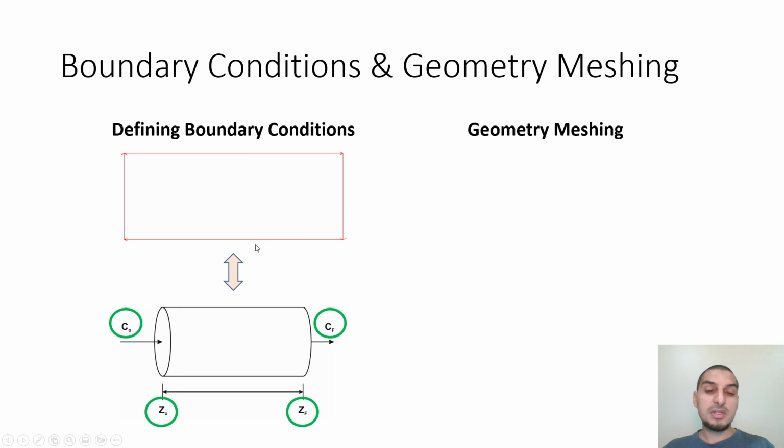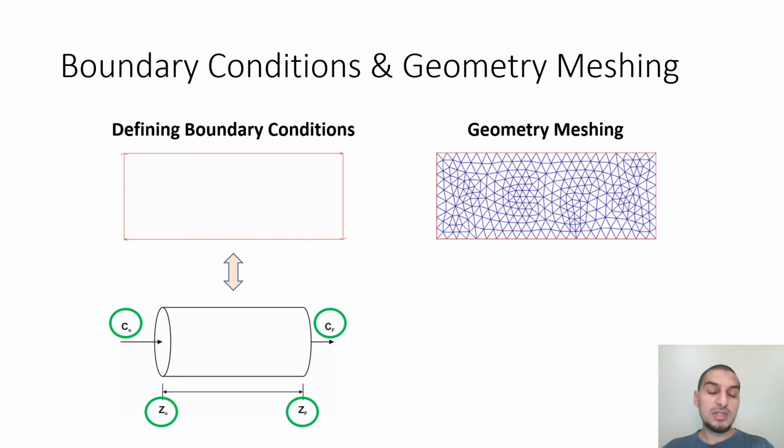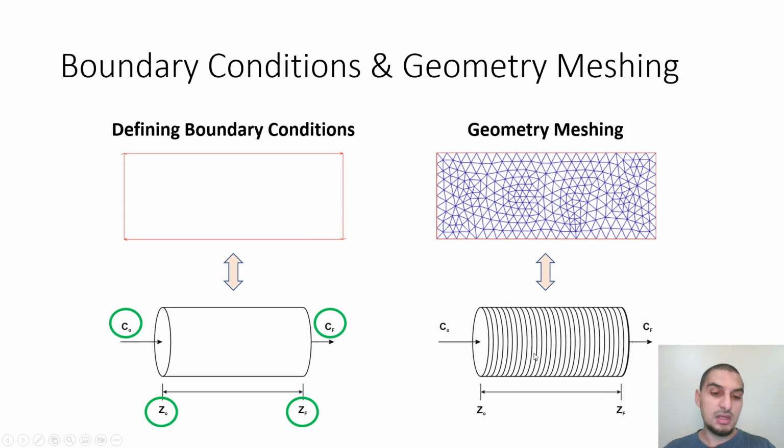For the geometry meshing, this is what we do, or what the software does, to break the whole area into small increments, which corresponds to the increments in the plug flow reactor. So in this case, it's not just lines. In the previous case, it was in 1 dimension, but here we'll have 2 dimensions.